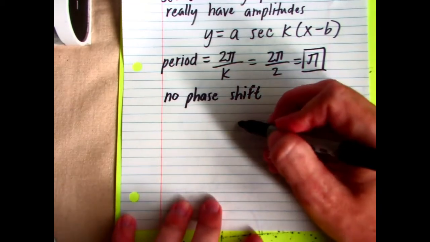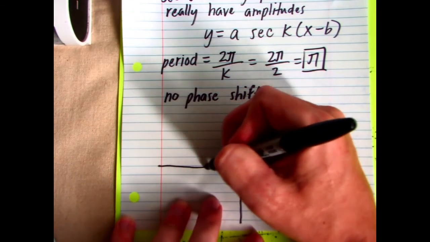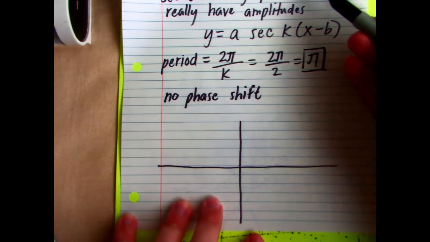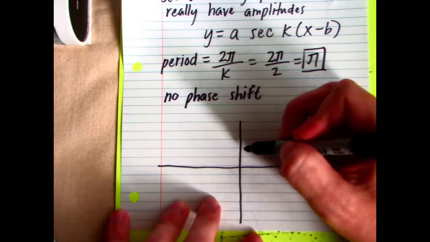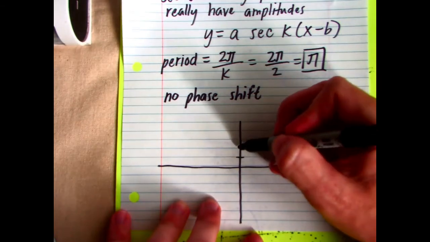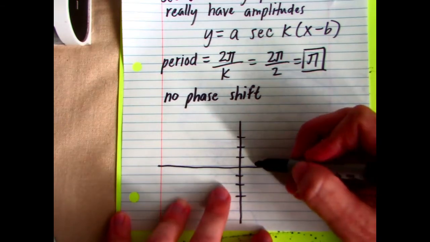So let's try to graph this. What I'm going to do is graph as if it were cosine first. So let's graph this as if it were cosine and not secant.